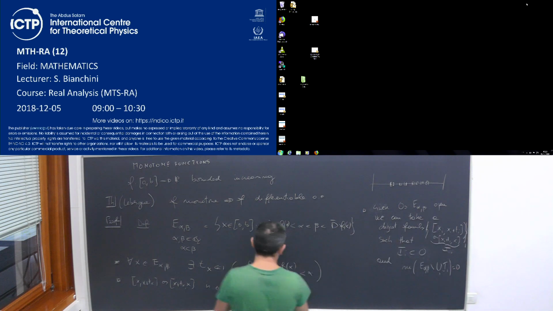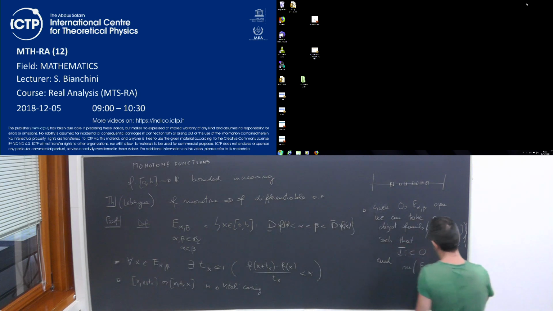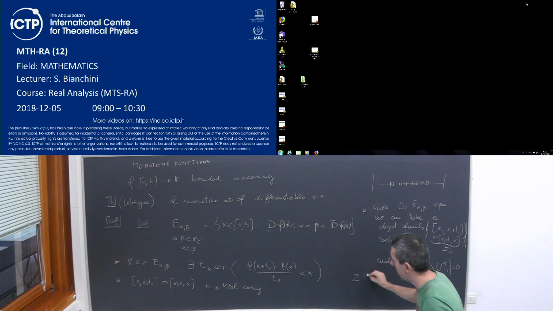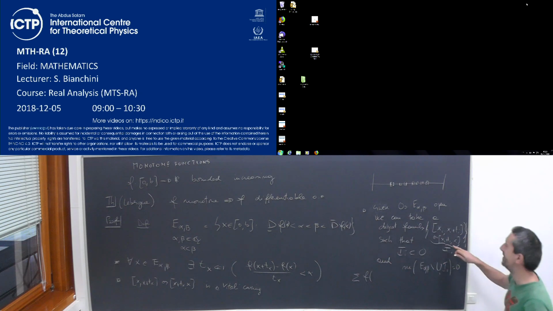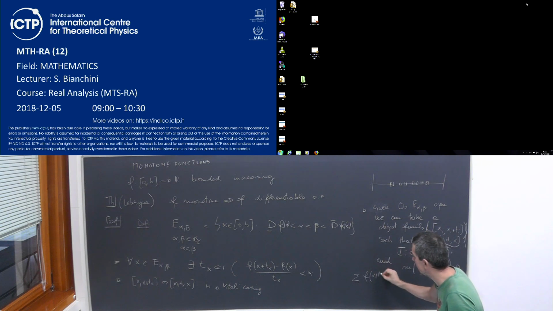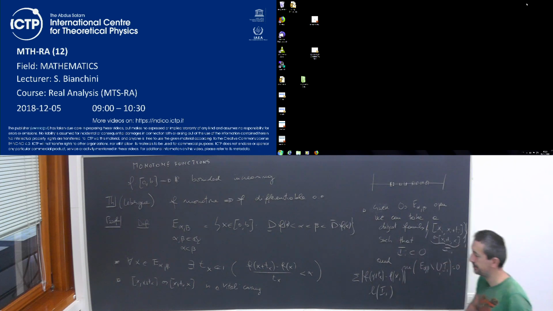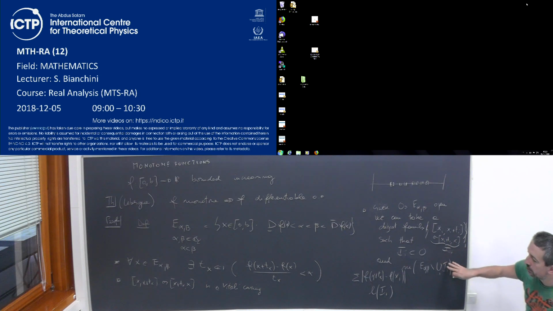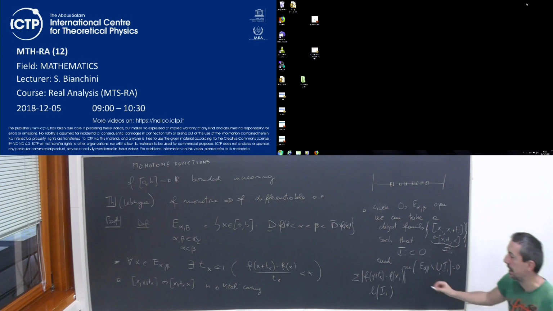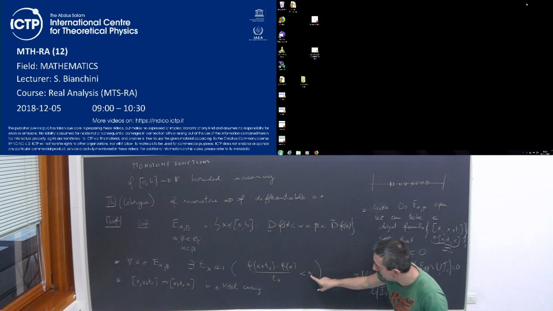This condition here means that the sum of |f(x_i + t_i) - f(x_i)|, which is the length of the interval I_i, is less than alpha times the sum of the lengths of I_i, the measure of the union.